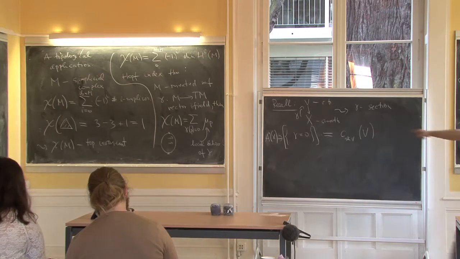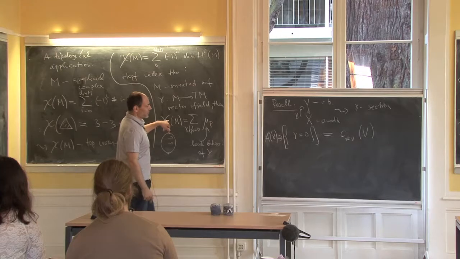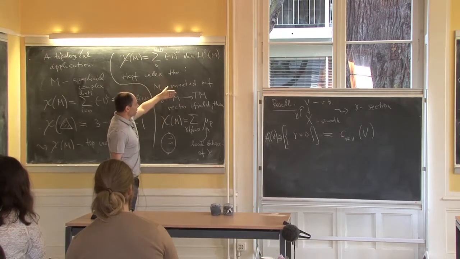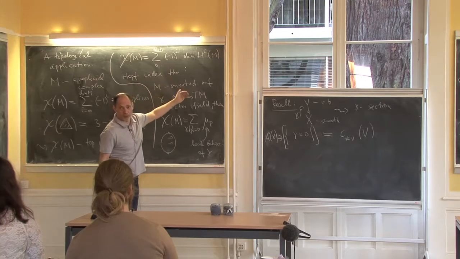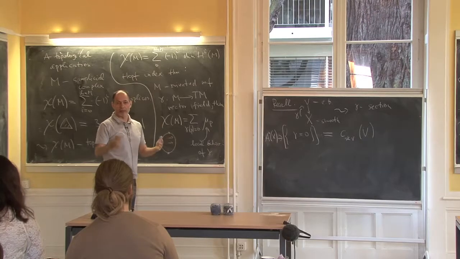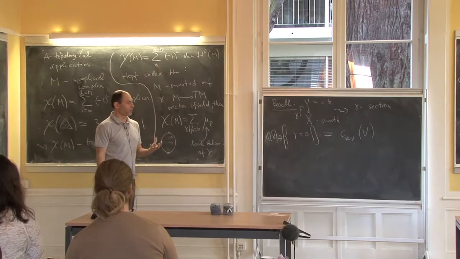So you see it's very close. And of course, the top Chern class of the tangent bundle is in precisely the dimension of the manifold, so it will have dimension 0, so it will just be a number of points.